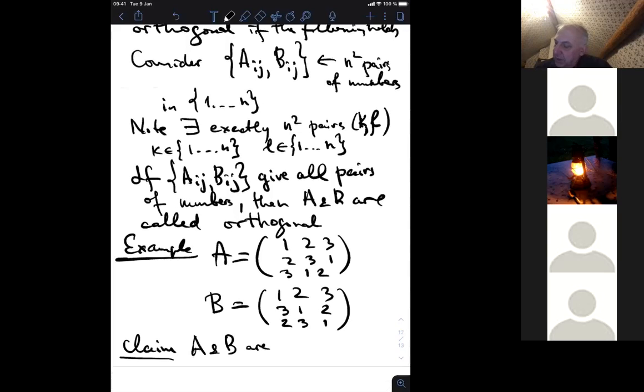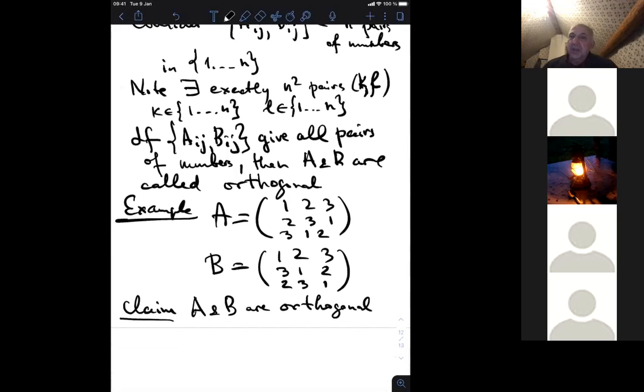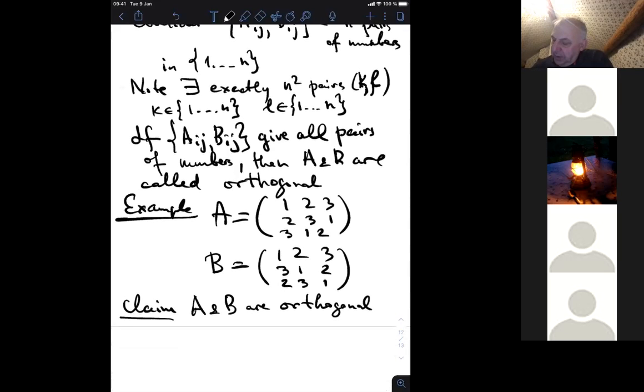So they are Latin squares and they are orthogonal. And what does it mean again? So let's look at all pairs, one entry from A, one entry from B. So A and B give 9 pairs of numbers.